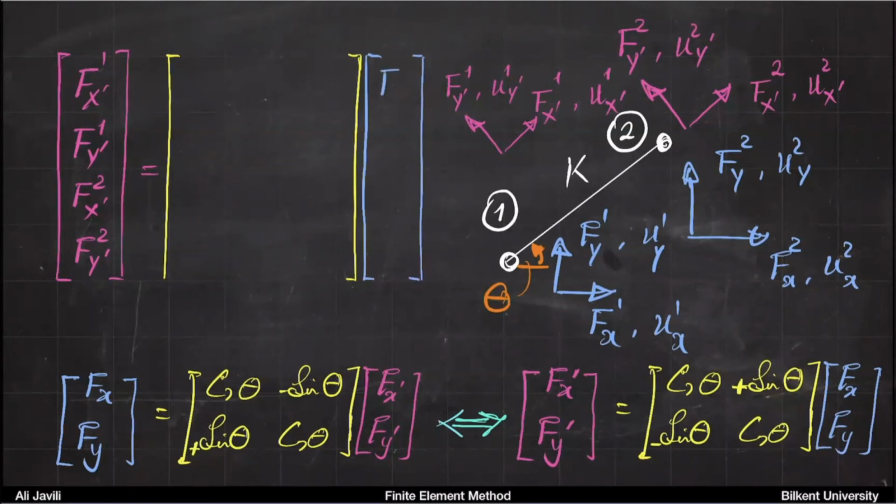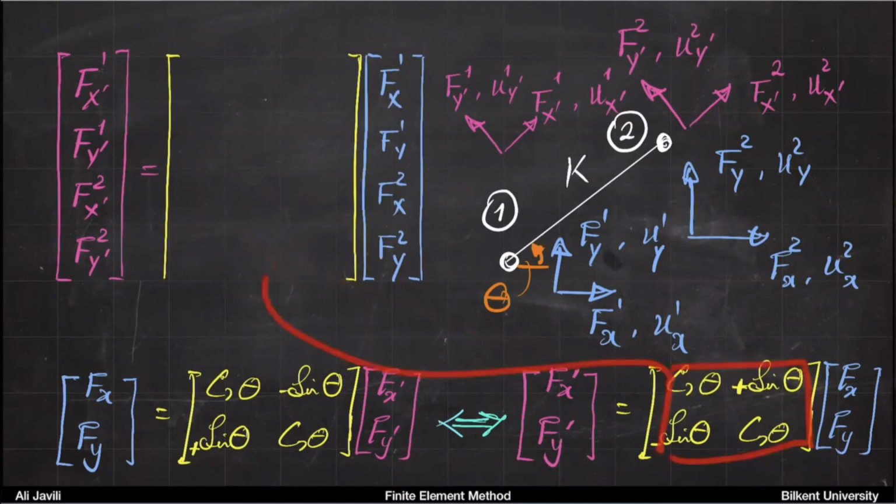Okay, so you would have then F1x, F1y, F2x, F2y. Now, if you just look at these two systems, you can quickly connect these two. So all you have to do is to put this little box, one of them here and one of them up there, and then 0 elsewhere.